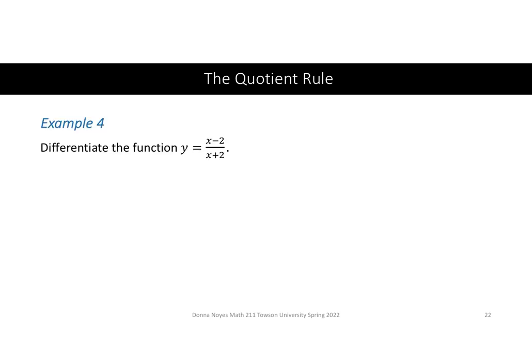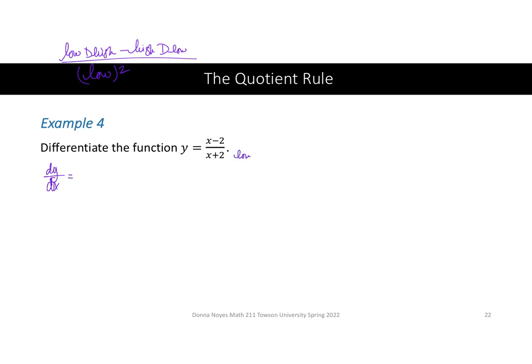So let's try it with a simple pair of functions. Here I just used x plus 2 and x minus 2 as my two functions. So here we want to differentiate and we want to find dy dx. So if dy dx is low D high minus high D low all over low squared, if you can see that on the black band at the top, then let's see what we've got.